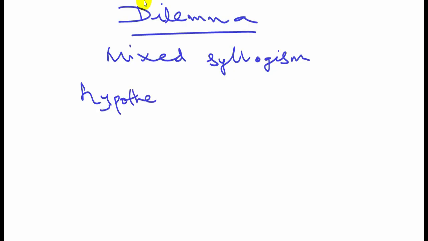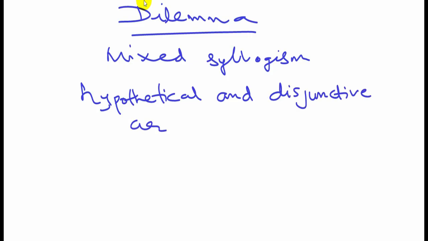So basically, a dilemma combines into one argument both the hypothetical and disjunctive arguments. Okay, and dilemma can be defined as an argument in which the major premise is formed by the conjunction of two or more hypothetical propositions.